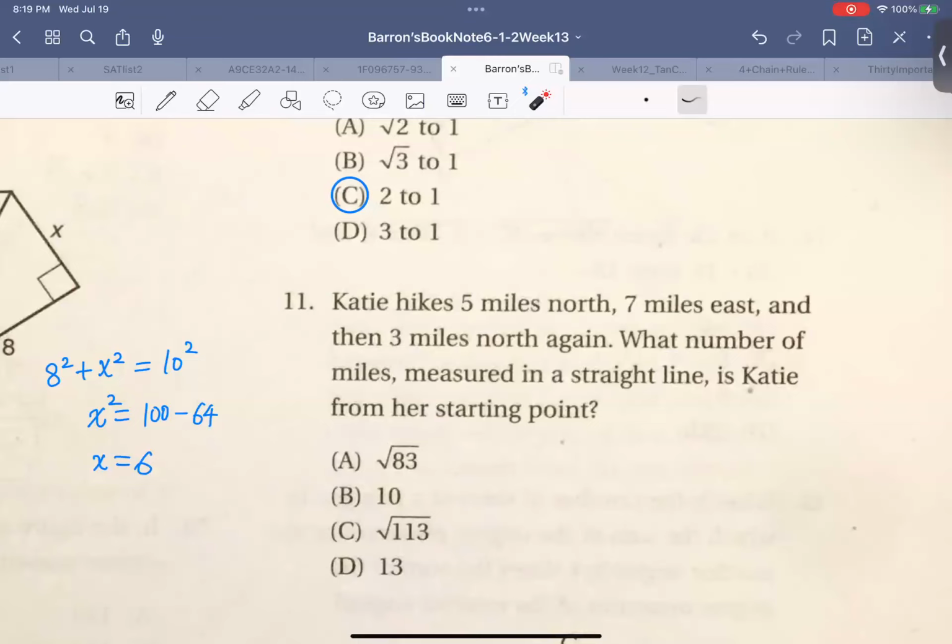Finished. Yes, very good job, Annie. Very good. Who else?